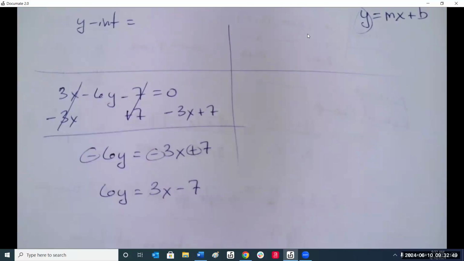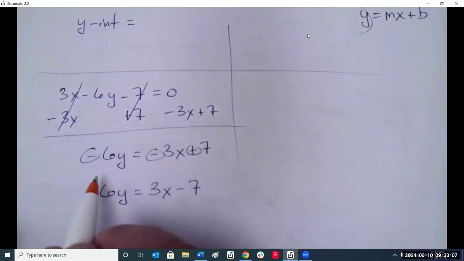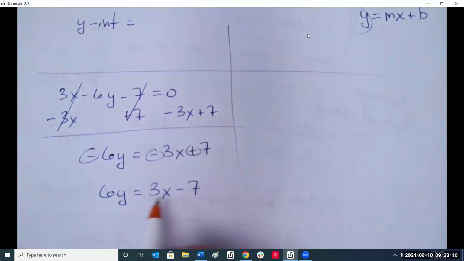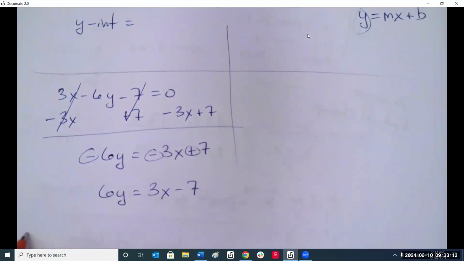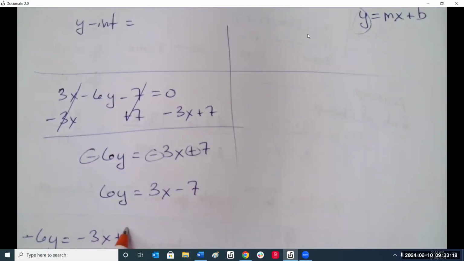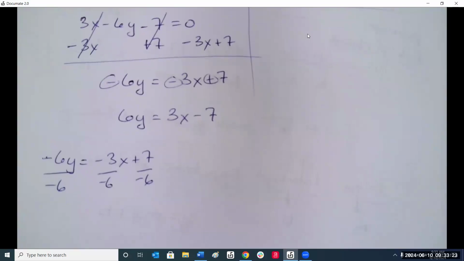When you're doing your own homework, you can do what you want to, but I guarantee you will have more chances of making a sign error than anything. Because when you divide by a negative, you have these 2 equal signs and you have a negative. It's just many signs everywhere. If we divided by negative 6, look at all those lines there.